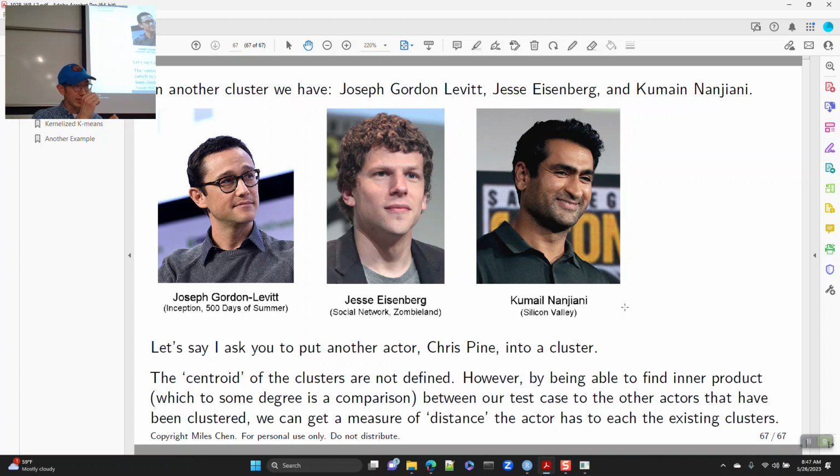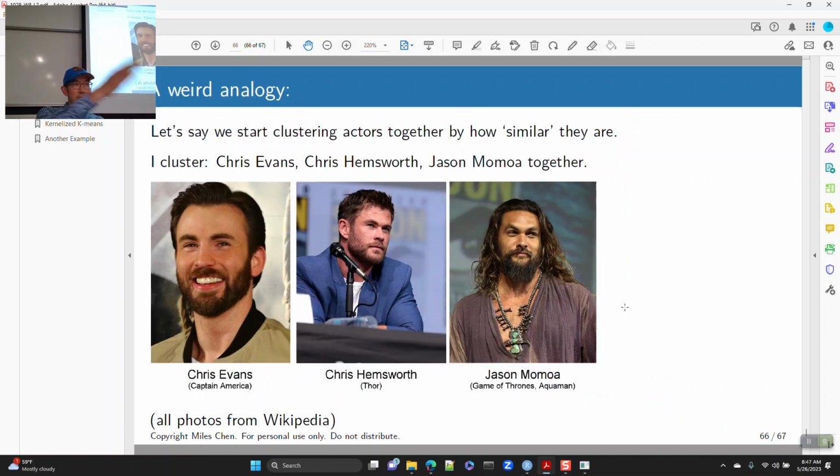So we're asking how similar these actors are to each other, versus who's the average of these actors and how similar you are to the average. Because that's what we do in traditional k-means clustering: we ask what the average is, and how similar you are to the average. And here we can ask how similar you are to everyone else.